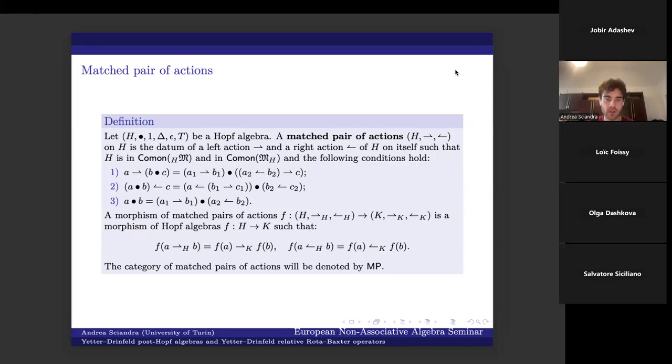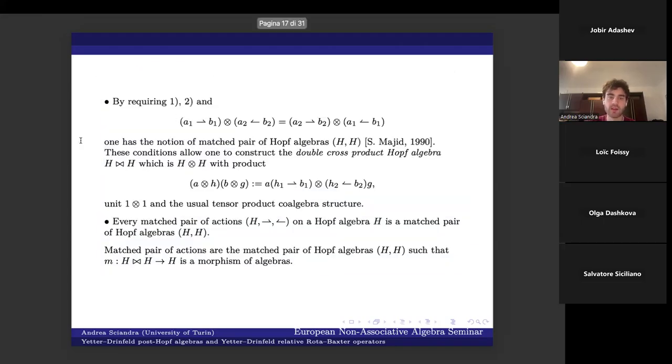Now, just some observation. If we assume 1 and 2, these two conditions here, but instead of 3, we consider this condition here, that is the one that we saw before twice, we have the notion of the matched pair of algebras in the sense of Majid.